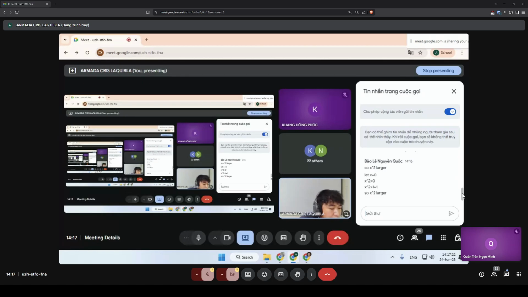Yes, your idea is there already. If you have the 2x squared, you substitute x is 0, it's 0, while the x squared plus 1, the answer there is 1. So the x squared plus 1 now is larger. What do you think is the reason? You cannot only give me a value of x which is only 1.